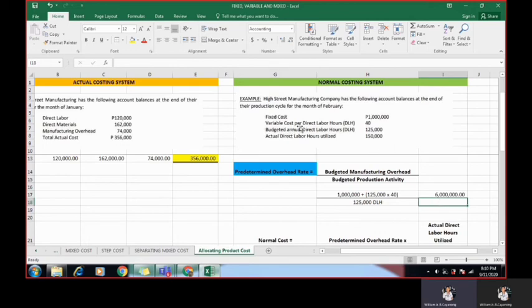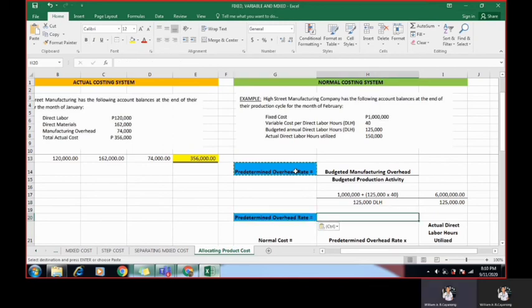So our predetermined overhead rate is equal to, let's copy this one, 6 million divided by 125,000, just click the number, enter. So our predetermined overhead rate is 48 pesos. Let's check if tama ba ang ating formula. Okay, tama naman. Actually, check nyo dito sa formula bar.